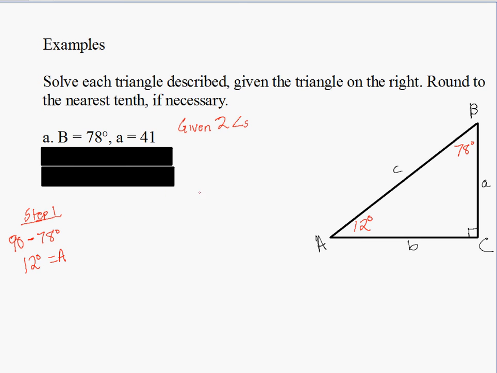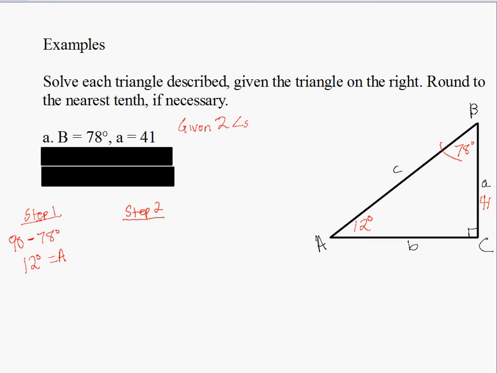Step 2 is the given side. So the given side is 41, and that shouldn't be degrees, that's just 41. Step 2 says we're going to take the given side and use an appropriate trig function. I'm not going to use this 12.